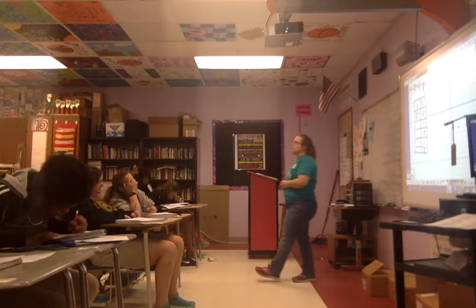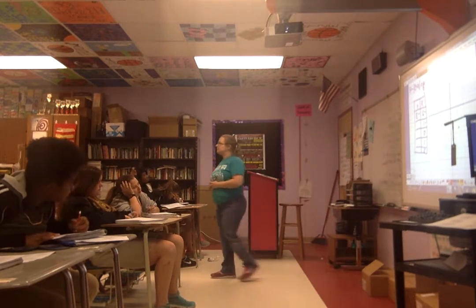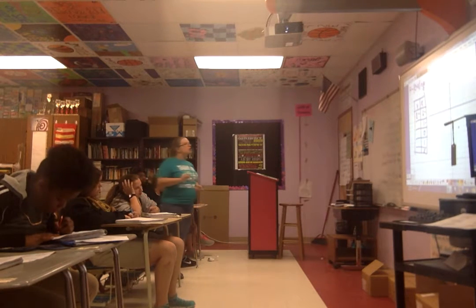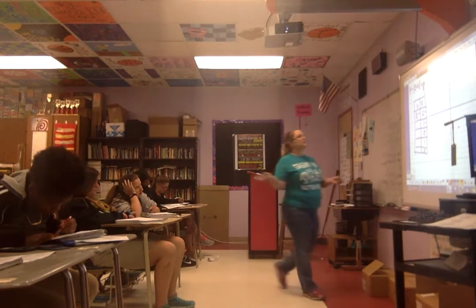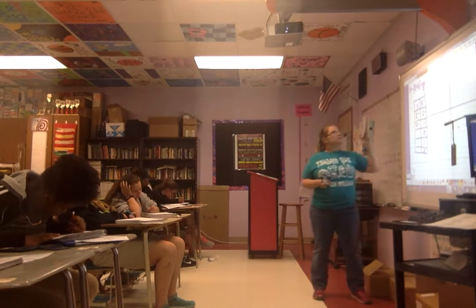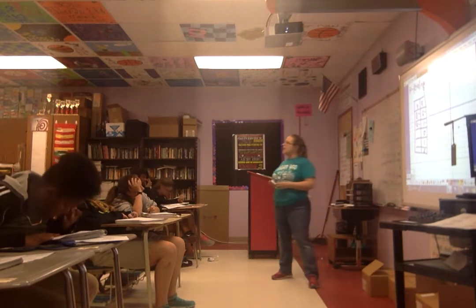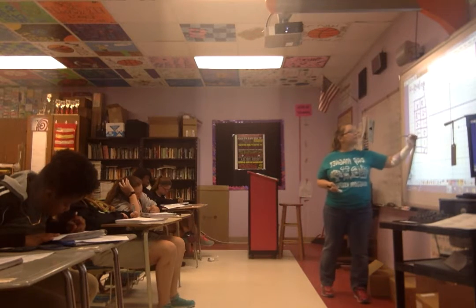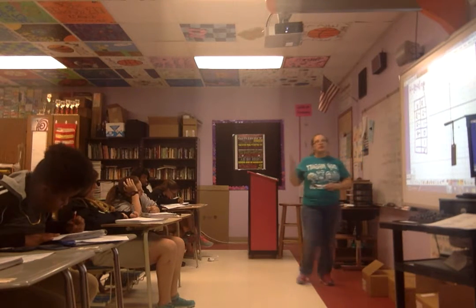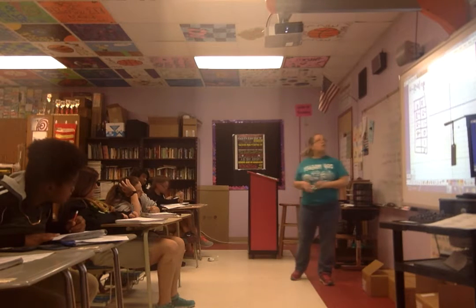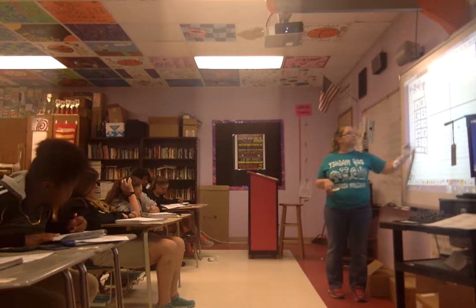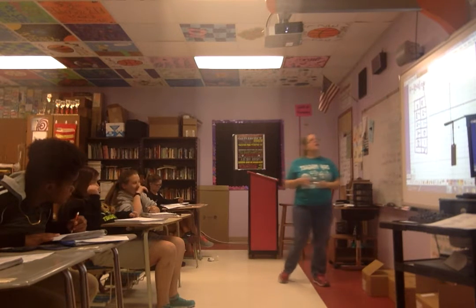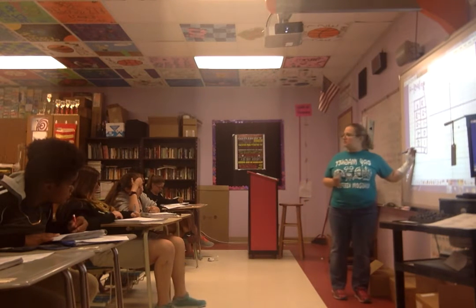Negative 1 plus 3 is 2. Absolute value of 2 is 2. 2 minus 4 is negative 2. 0 plus 3 is 3. The absolute value of 3 is 3. 3 minus 4 is negative 4. 1 plus 3 is 4. Absolute value of 4 is 4. 4 minus 4 is 0. Then we have 2 plus 3, which is 5. 5 minus 4 gives me 1.